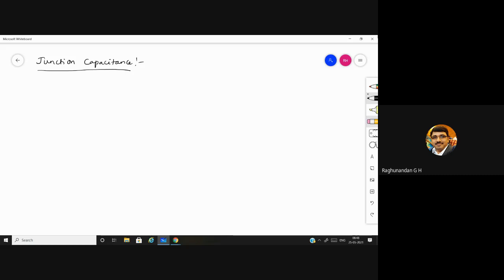So we will compare our PN junction with the normal capacitance. Let us take the PN junction. This PN junction is compared with the principle of capacitance, as you have already studied in 11th, 12th, or in your second PU.